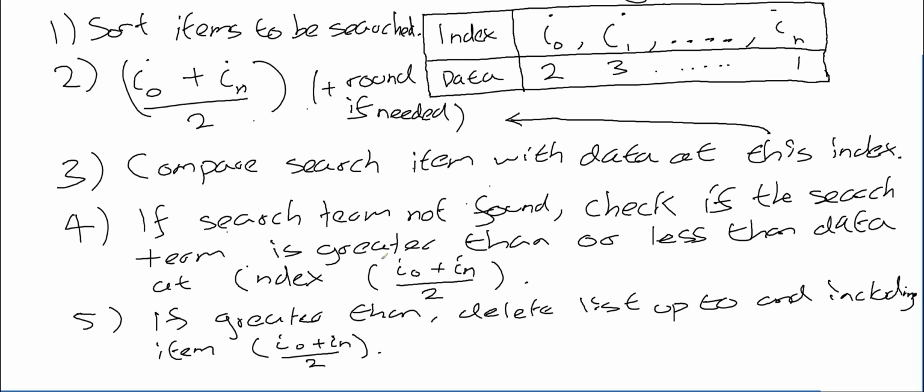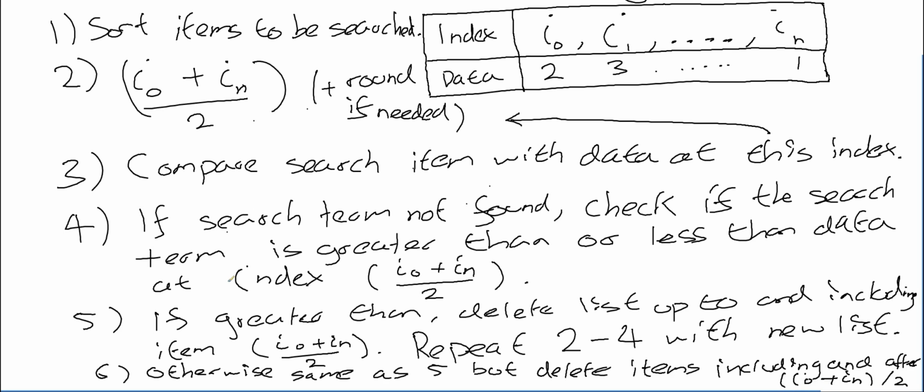And if this is the case, if it's greater than, we repeat steps 2 to 4 with the list that's remaining after we've deleted that part of the list.